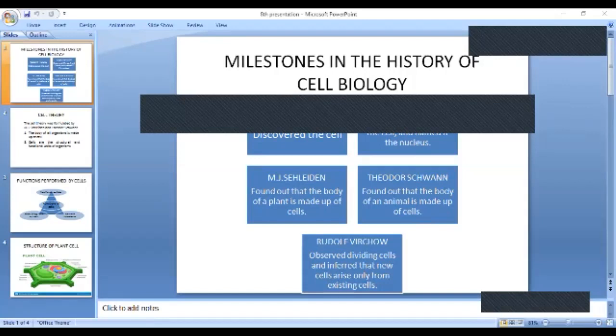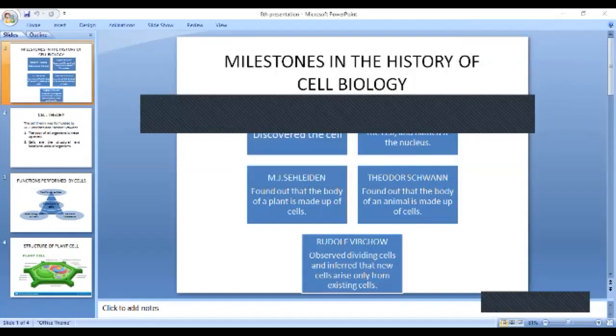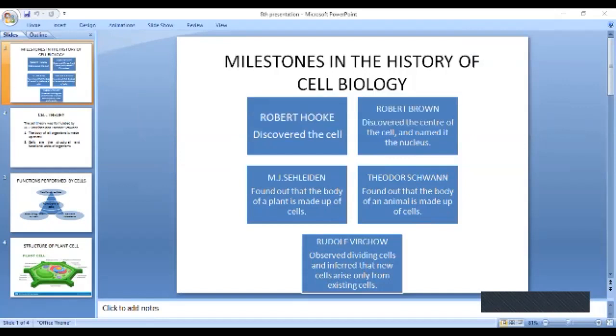Here you can see first Robert Hooke. We said that Robert Hooke discovered the cell. The next one is Robert Brown. Robert Brown is the scientist who discovered the center of the cell, and he named that center the nucleus.